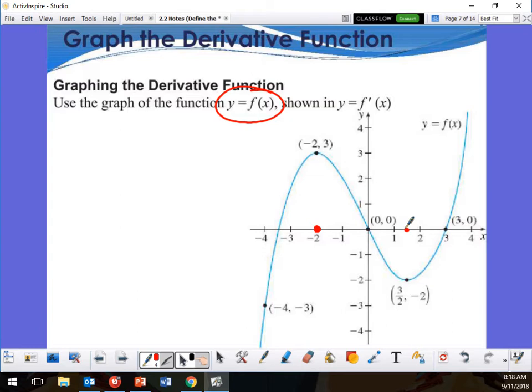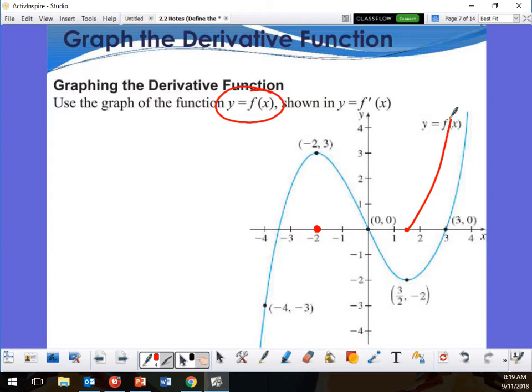Now, let's take a look at everything to the right of 3/2. To the right of 3/2, it's all going to be what? Positive. It's all going to be positive. So I know that all this up here has to be positive, like this. Now, let's take a look at -2.